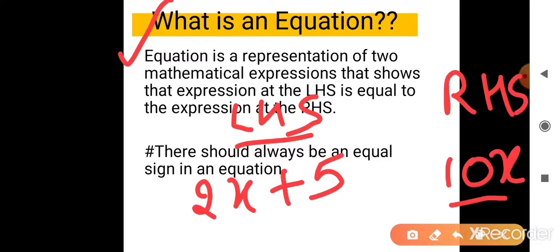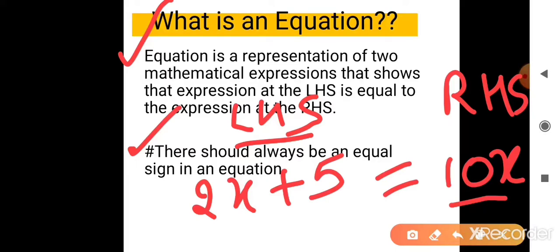Now these two expressions can be converted into an equation with the help of a sign which is none other than the equal sign. Therefore, as you can see here, there should always be an equal sign in an equation.